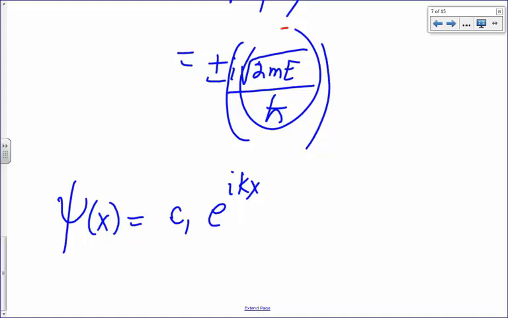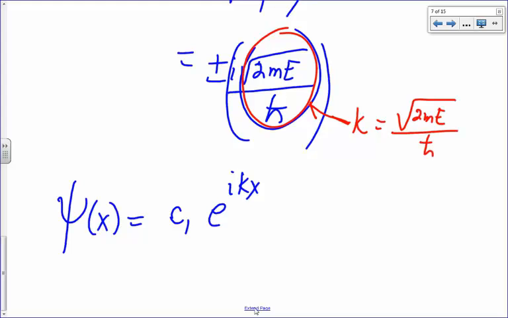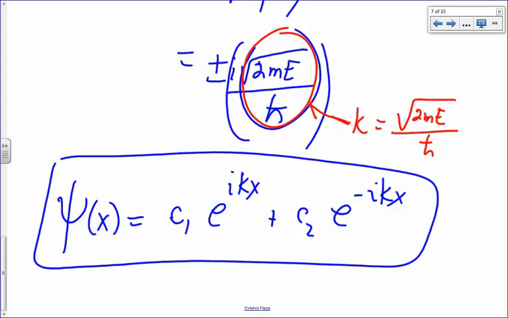I'm getting lazy, so I'm just going to call this one k. k is square root of 2mE over h bar, plus c2 e to the negative ikx, right? And so that is your general solution to the Schrodinger equation for a free particle. And since it's a free particle, there's no restrictions on it. That's the solution.